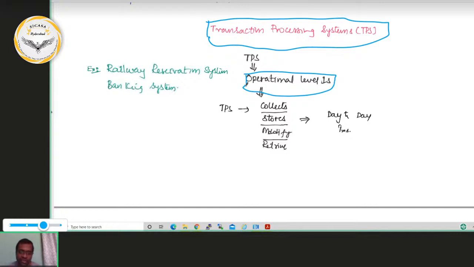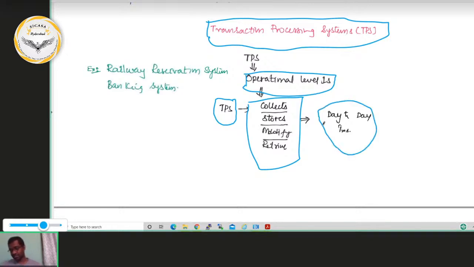Now when you call something a TPS, it has to satisfy these four characteristics. It should collect the data, it should store the data, it should modify the data, and it should retrieve the data. That particular information system which collects, stores, modifies and retrieves the day-to-day transactions is called a TPS.